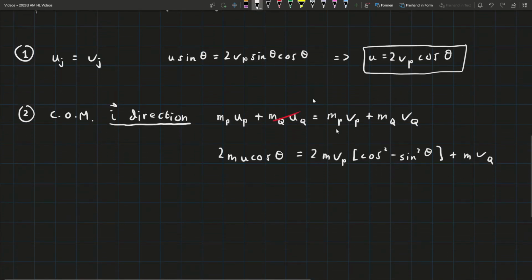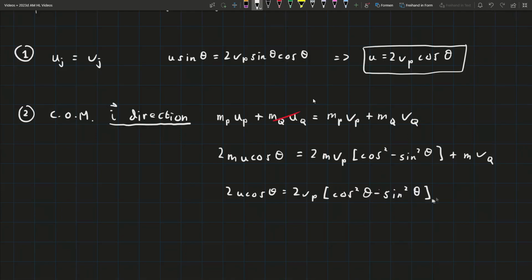We can do some simplifications here. We can divide across by m, so we'll get 2u cos theta equals 2Vp times cos squared theta minus sine squared theta plus Vq. That's our second important equation.